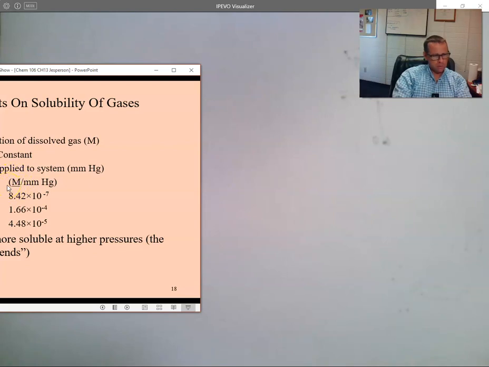That is concentration. Concentration, very good. And what is millimeters of mercury? That is pressure. Pressure, very good. So what do you think is going on here where it says molarity per millimeters of mercury, or torr? Torr is another unit that's the same as millimeters of mercury. Molarity per torr. What would that mean?